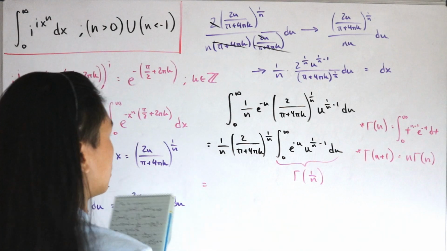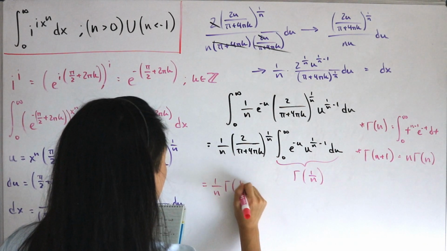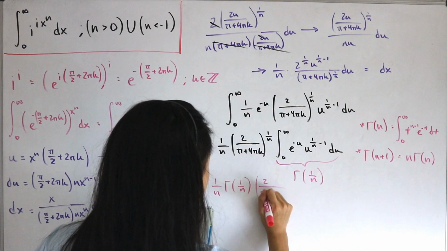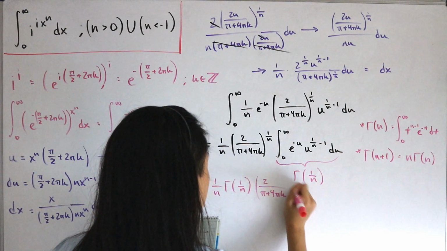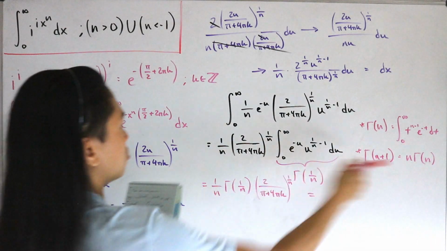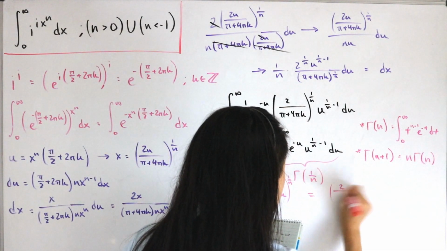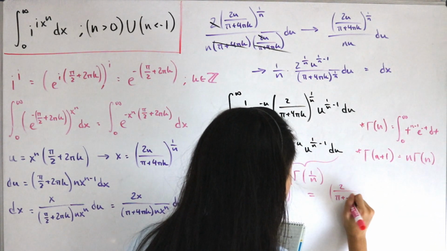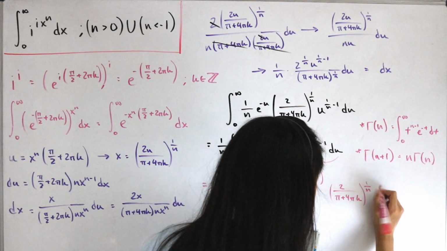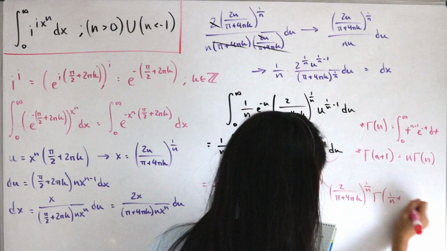Closing things off, I have 1 divided by n, multiplied with gamma of 1 divided by n, multiplied with 2 divided by pi plus 4 pi k, to the power 1 divided by n, which is going to be reduced using that recurrence relation. This is written as 2 divided by pi plus 4 pi k, to the power 1 divided by n, multiplied with gamma of 1 divided by n plus 1.